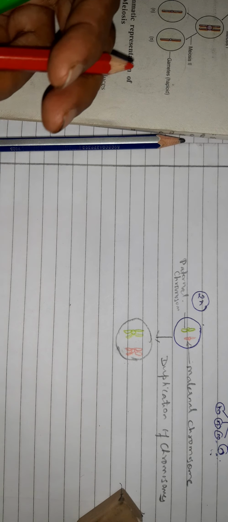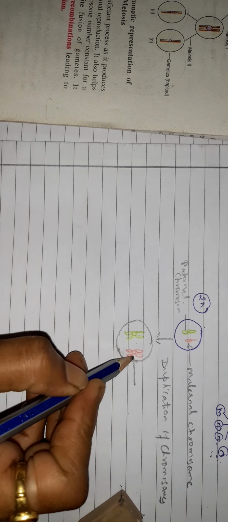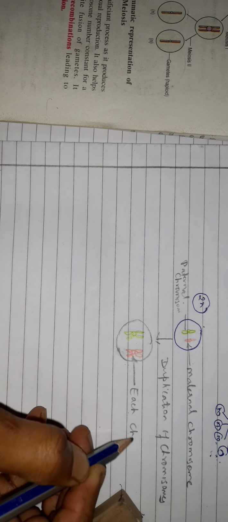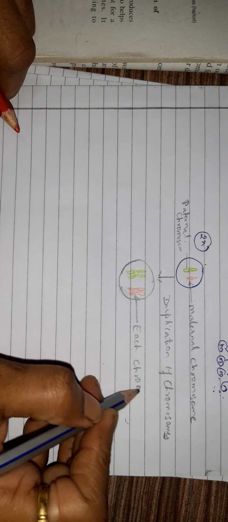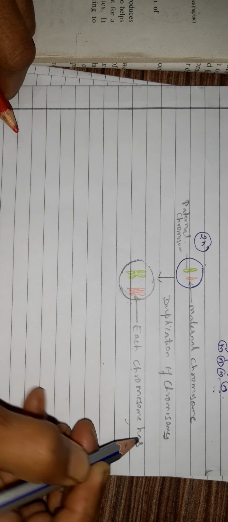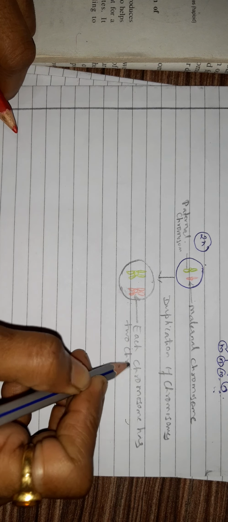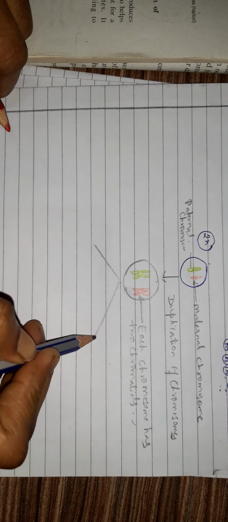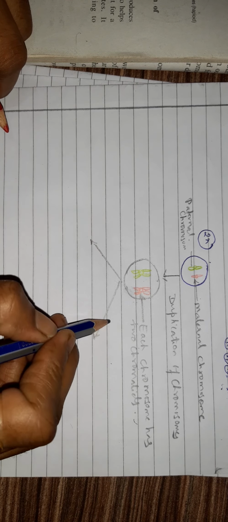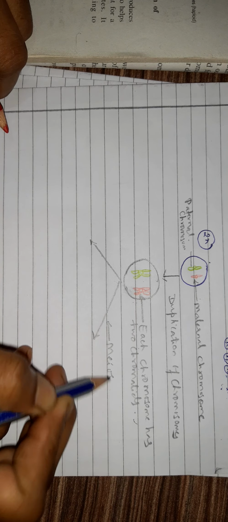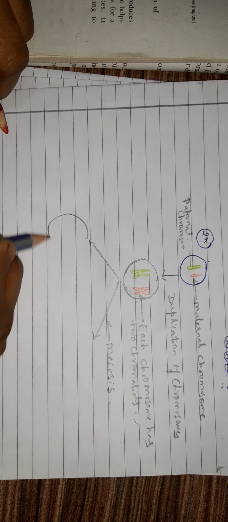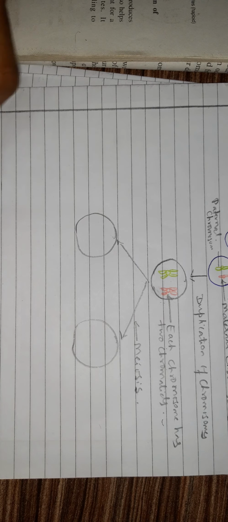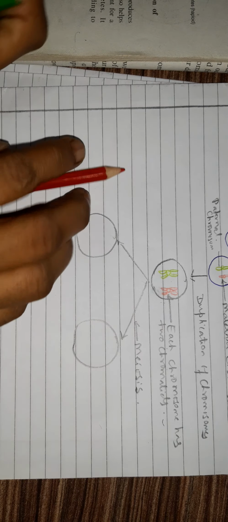Each chromosome has 2 chromatids. Now they again divide, and this is meiosis 1. What happens in meiosis 1? Here you get combined cells.